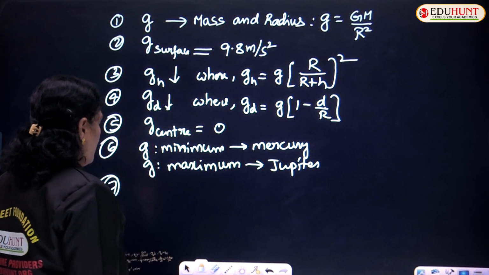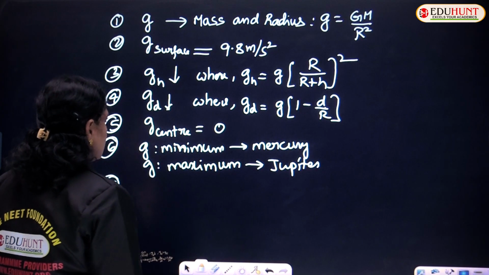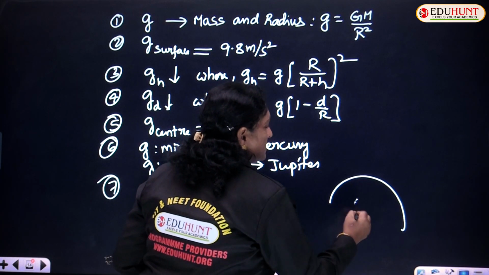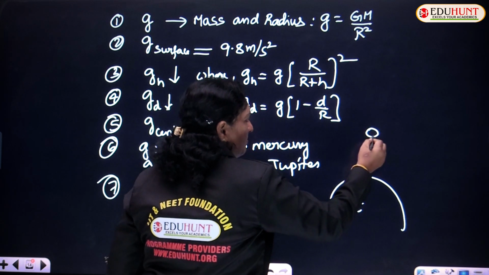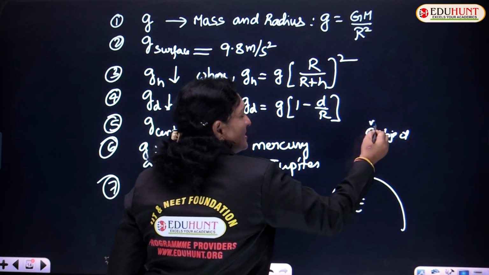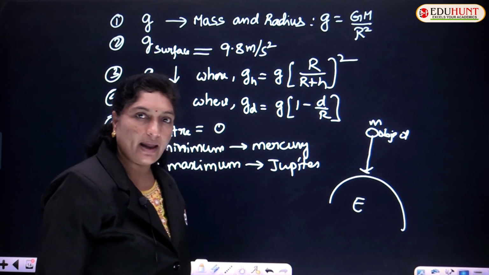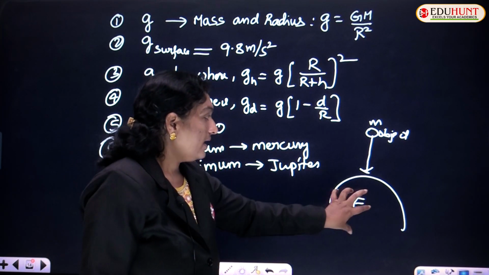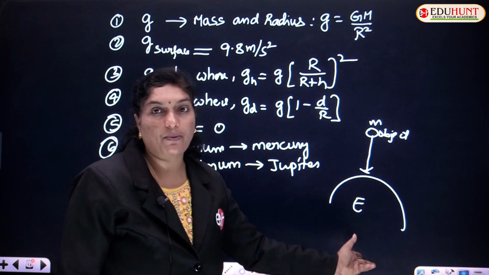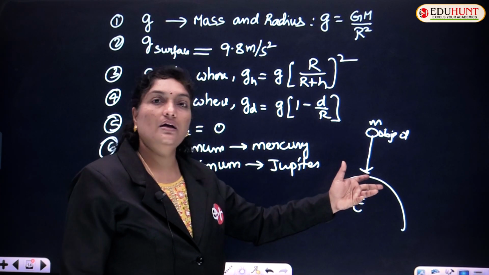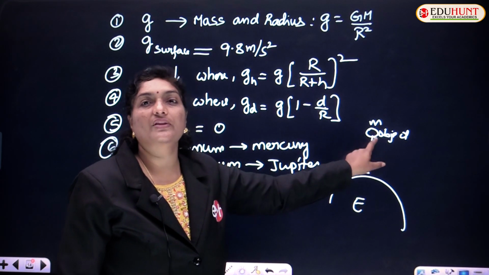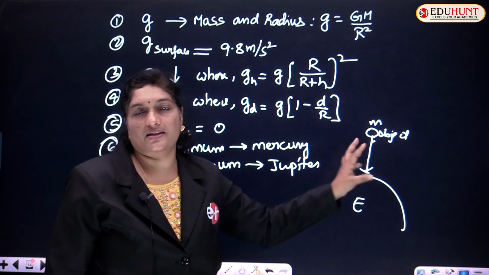Okay, children. The value of g is the value of acceleration due to gravity. This is the earth, and this is some ball, an object, that is falling. If you consider the mass of this object as some m, then the value of acceleration due to gravity depends upon the shape of the earth, the size of the earth, everything, but it is independent of the shape and size of the object that is falling.